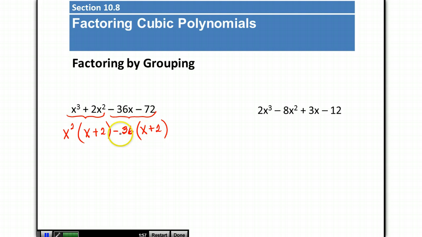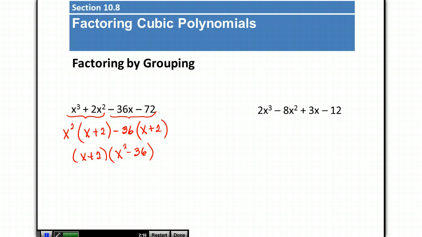Now what do these 2 have in common that I factor out? X plus 2. What goes in the other set of parentheses? X squared minus 36.